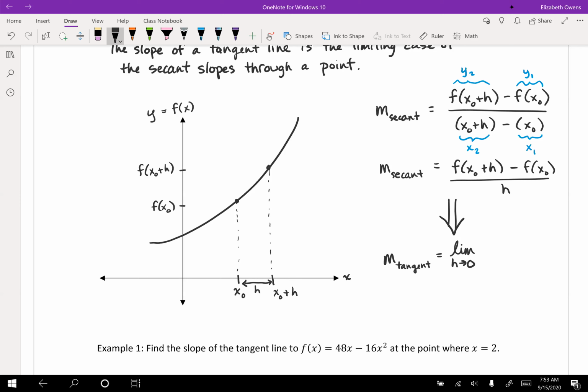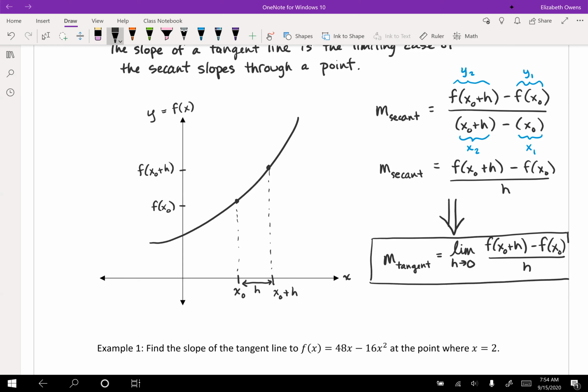So we were taking a limit as h approaches 0 of that expression that we just wrote: f of x naught plus h minus f of x naught over h. And that was the deal for finding the slope of a tangent line.